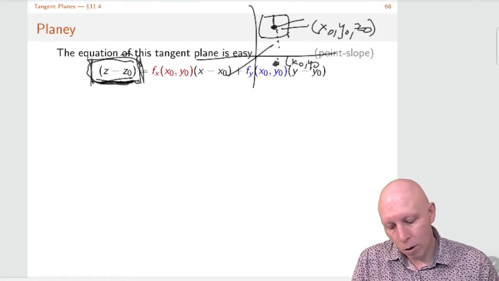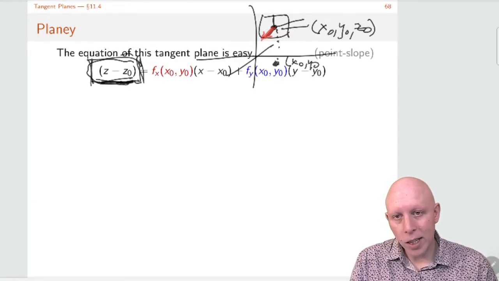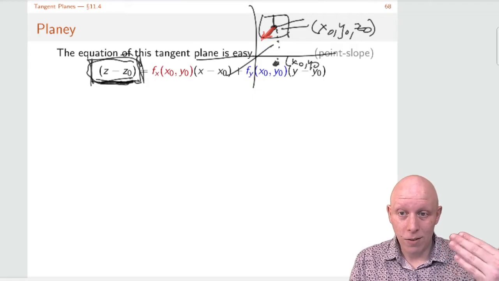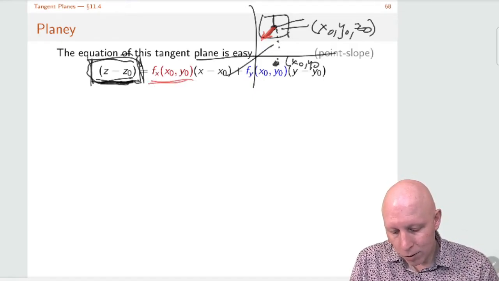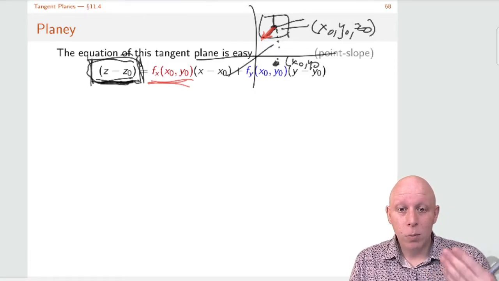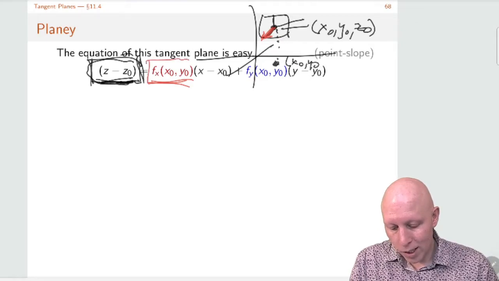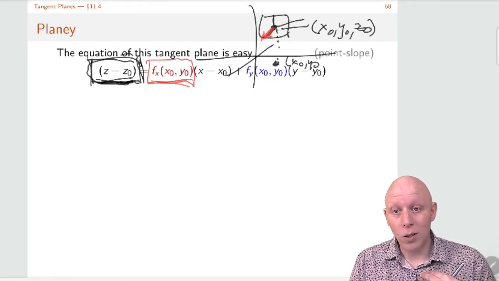And what we're saying is, if we walk in the x direction, and that's sort of this red thing here, how much does our z value change? Well, the amount that it should change if we walk in the x direction is dependent on the slope in the x direction, which we said is our slope in the x direction. How much does the function change if we only move in the x direction?